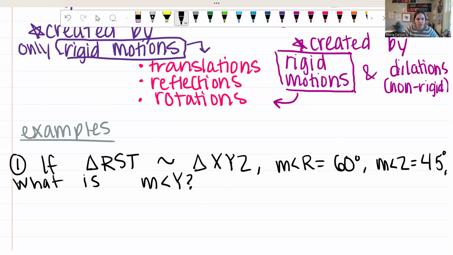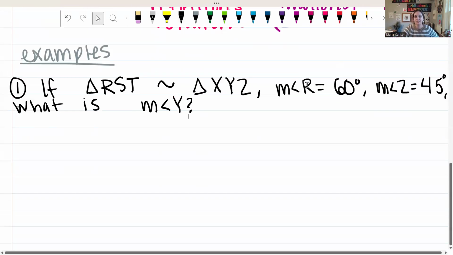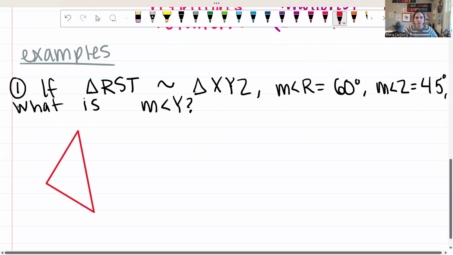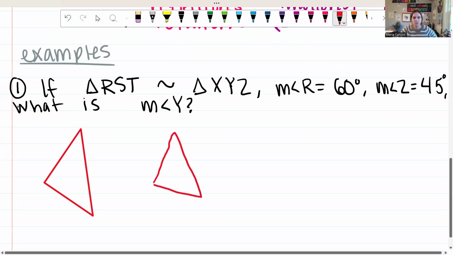I really recommend that you draw this because it might not make sense until you do. We have two triangles that are similar. So I'm going to draw one triangle that'll look like this. Angles are not to scale, okay? And then I will draw the similar one, just a little bit smaller.